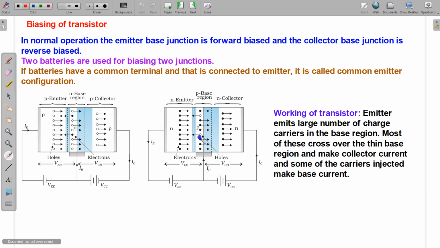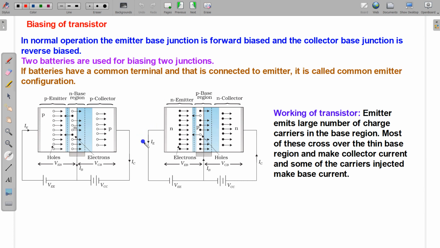Since electrons are flowing like this, the direction of current will be opposite. So IC is coming towards the collector, some electrons leave in the downward direction, so IB will be like this, IE will be like this, and this IE is divided at this point. One goes like this, this is IB, and one goes like this, this is IC.